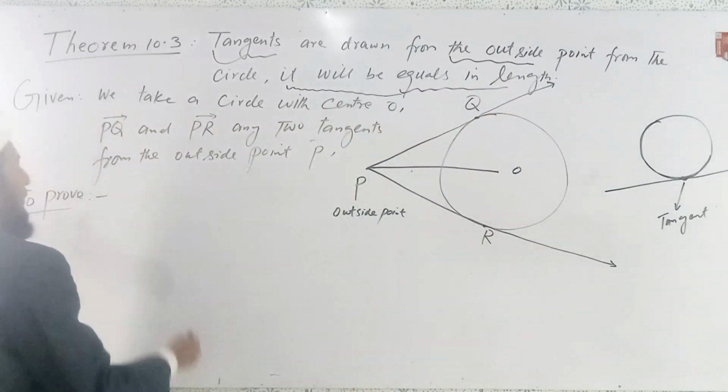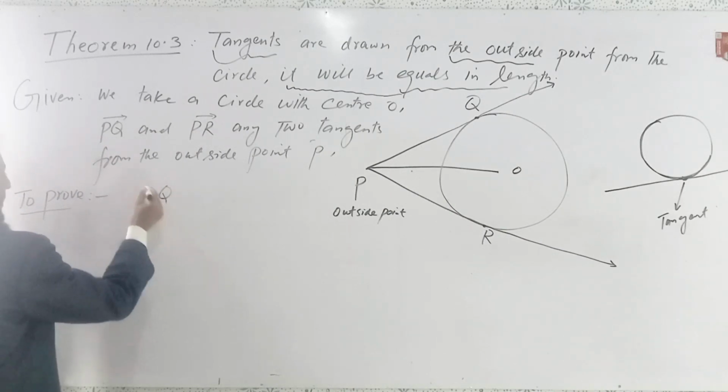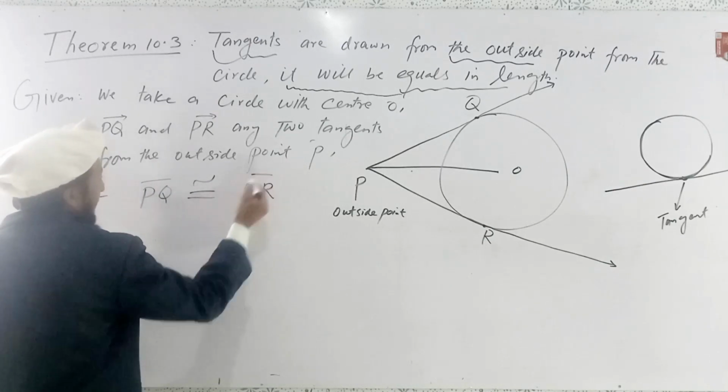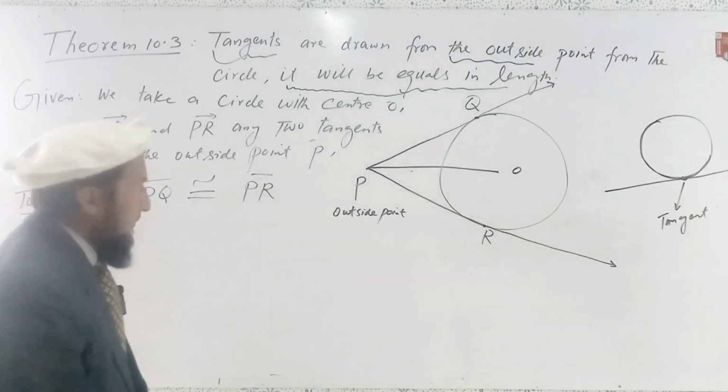It means that PQ is congruent to PR. We want to prove this.